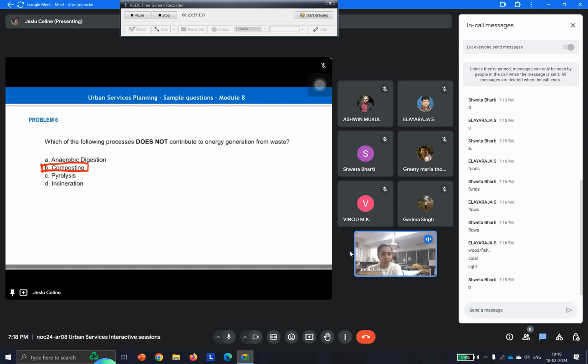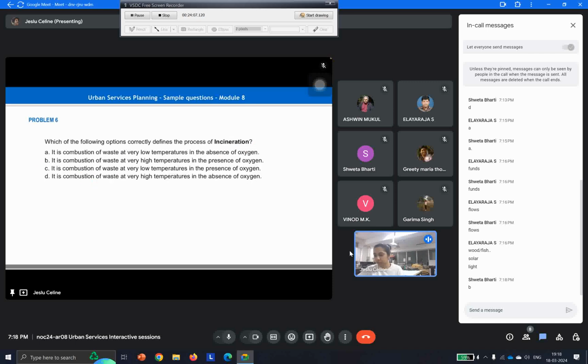Week 6 we learned about composting, and week 7 we learned about landfill. So here the question asks, we cannot generate energy from waste in composting. In composting, we can develop fertilizers or use it for agriculture purposes, but we're not generating energy out of it. Whereas all the other three methods we discussed in this week's module, where we talked about different methods of generating energy out of waste.